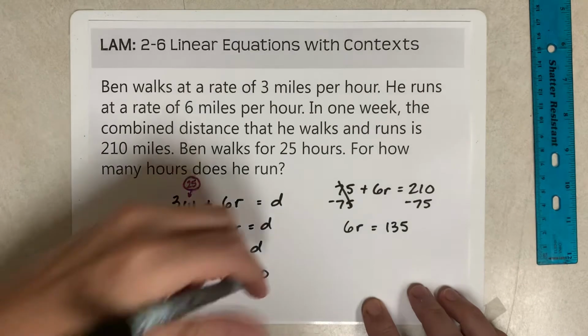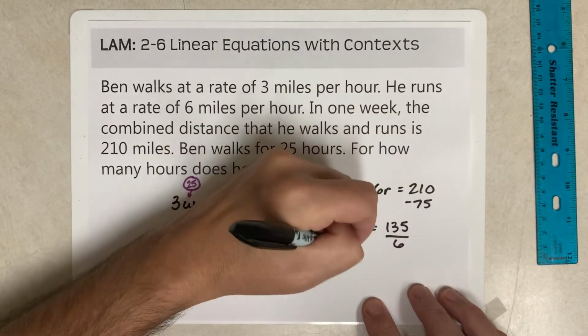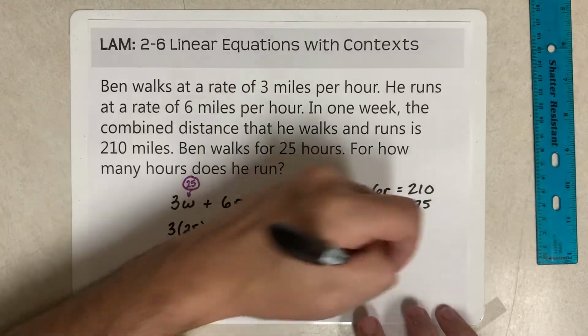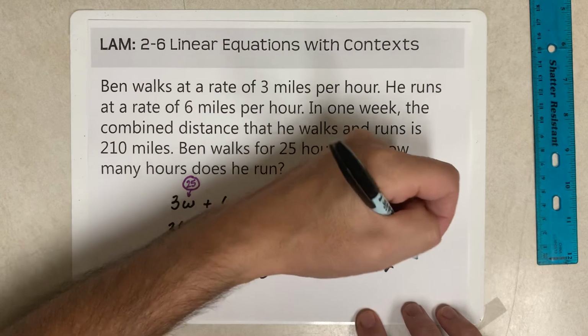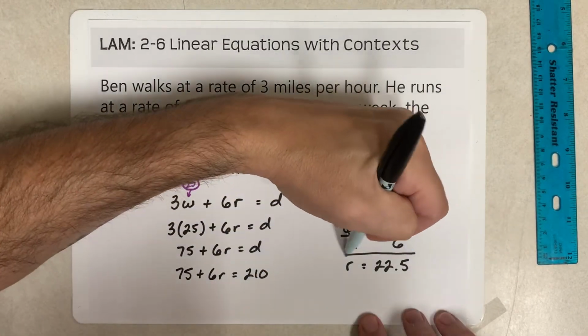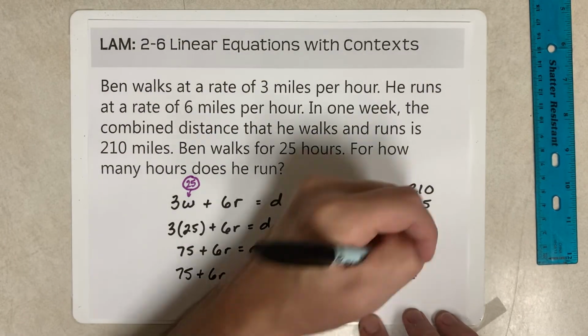And now we're going to divide by 6. If we take 135 divided by 6, we get 22.5. And so R is going to be 22.5, and that's how many hours that he's going to run.